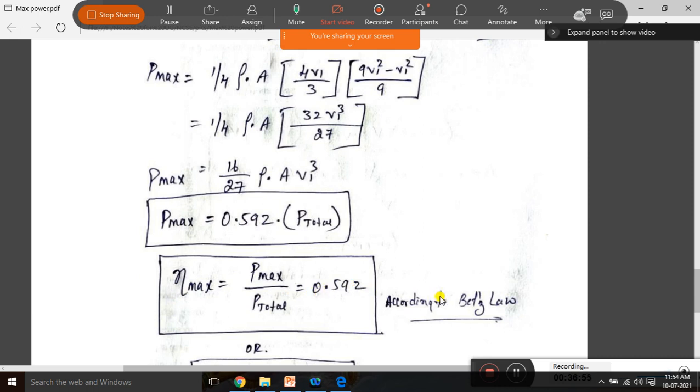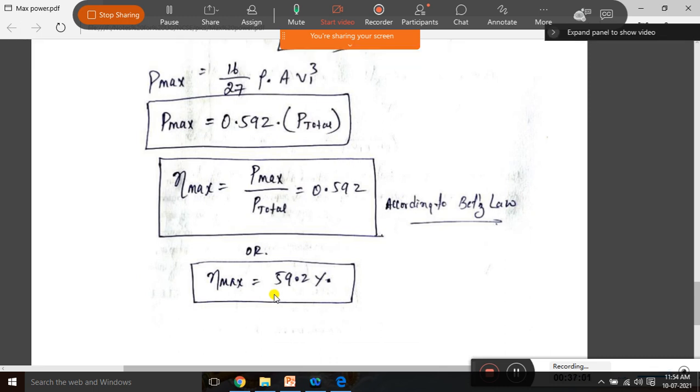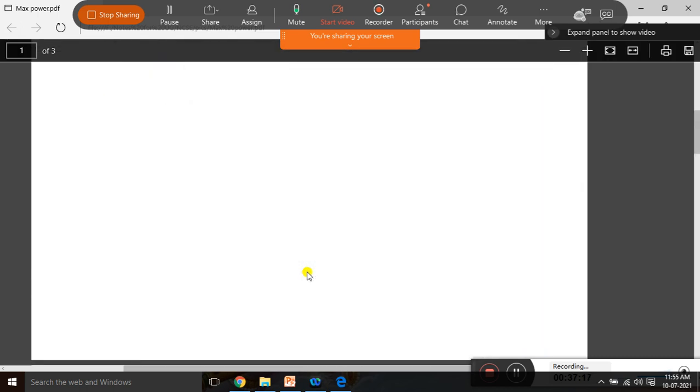This is according to Betz's law, but normally we know that the efficiency is always less, around 35 to 40%, but according to Betz's law, the efficiency is 59.2%. So the maximum power is 0.592 of the total power, or 59.2%. Clear? So it's a simple derivation, you just go through it.